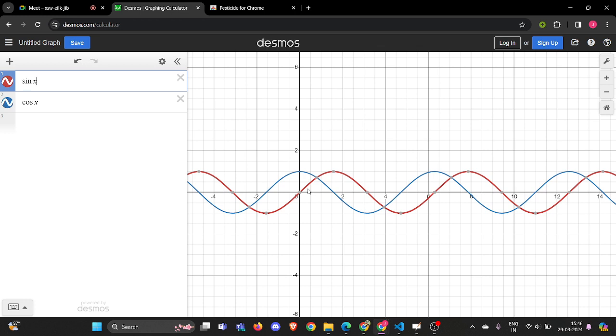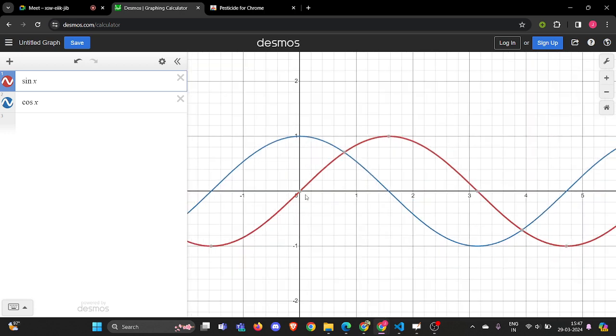It's like when you think of starting here, cos leads sine by 90. The sine is acquiring the value of 1 here, but cos acquires the value of 1 here. So that's why you can say it leads by 90.